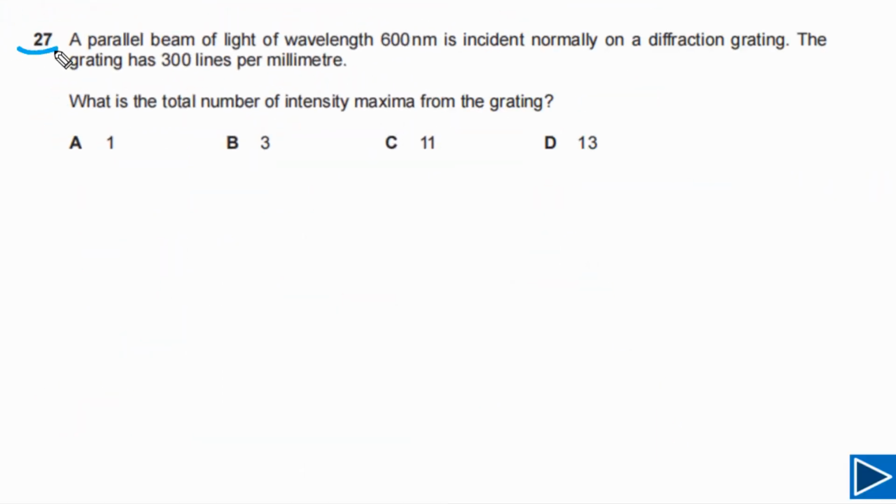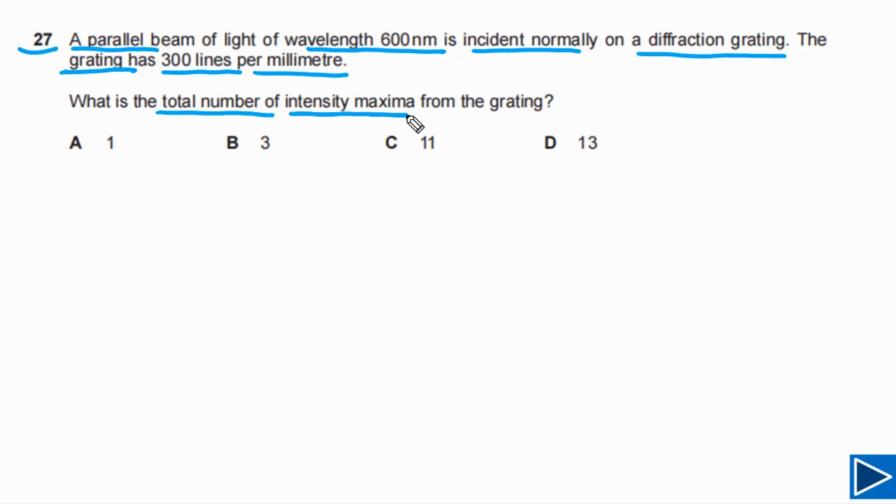For question number 27, it is given to us a parallel beam of light of wavelength 600 nanometer is incident normally on a diffraction grating. The grating has 300 lines per millimeter. We need to find out what is the total number of intensity maxima from the grating. First thing we need to understand, this question is about a diffraction grating.